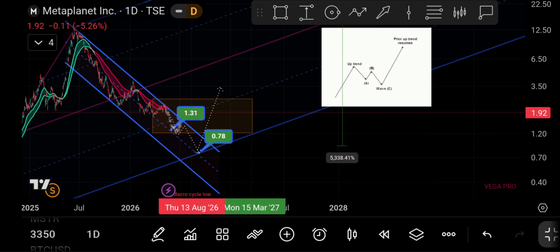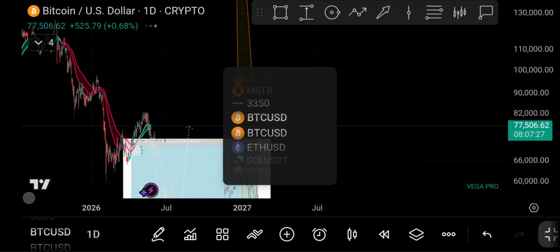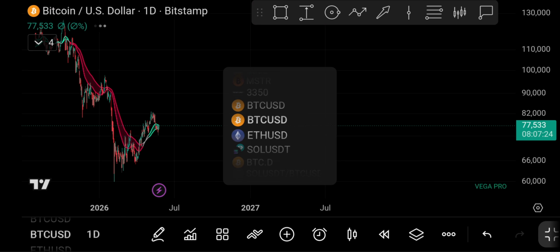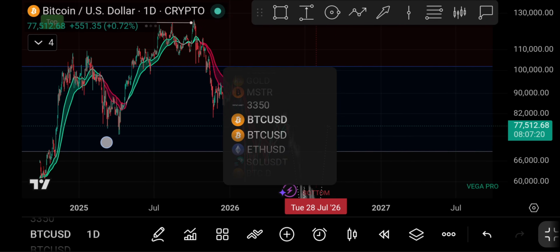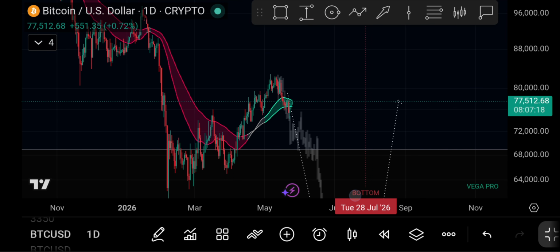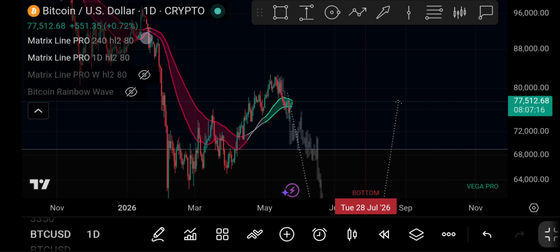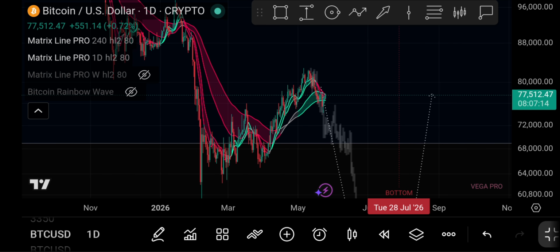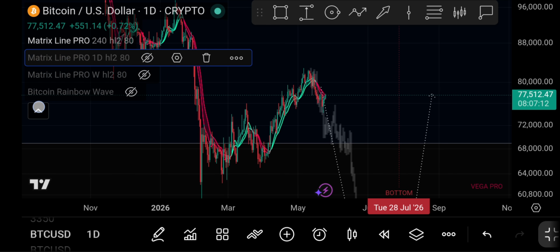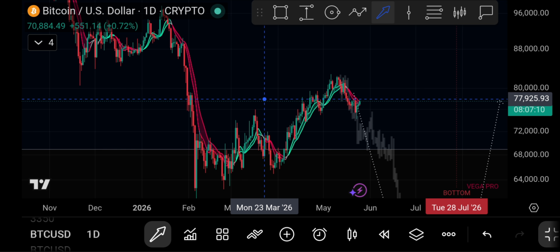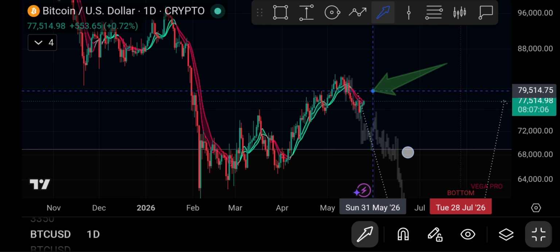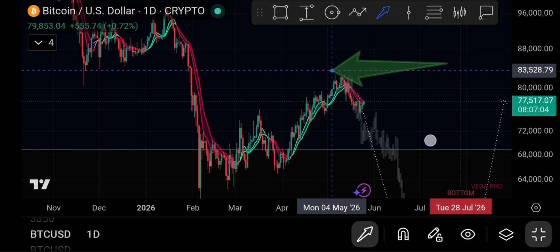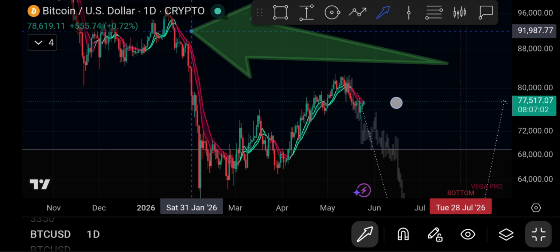So, very important dates. This whole move is invalidated, or starts to be invalidated, if the 4-hour matrix line, I will turn on the 4-hour, at the moment is red. If it starts turning to green, it starts to invalidate the whole, let's say, thesis.